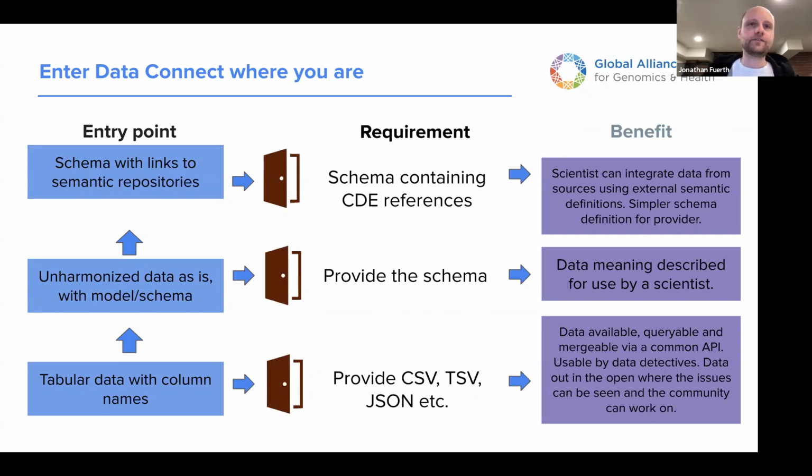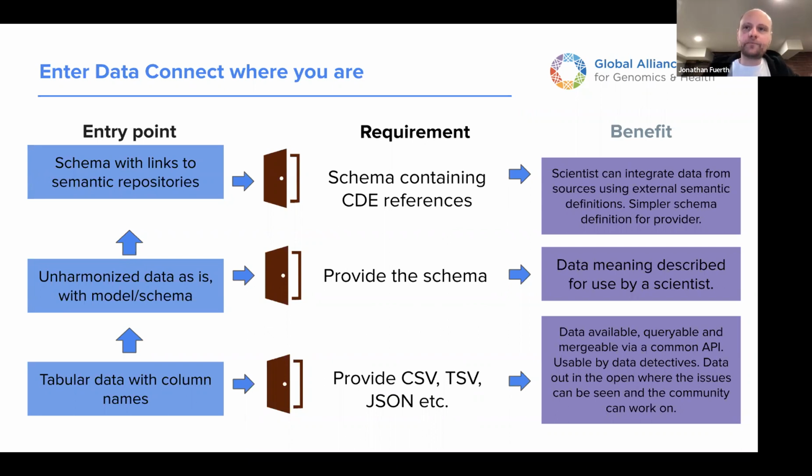This tends to be very low effort on the part of the publisher of the data. Just start with what you have, describe it mechanically, and now over on the right, you can see the benefit as what I had touched on earlier. Your data is available. It can be queried through a common API.